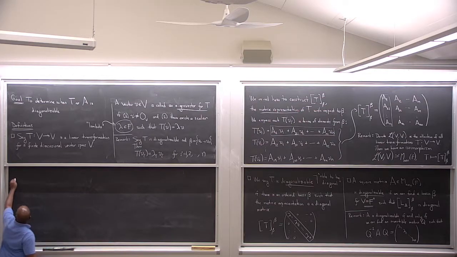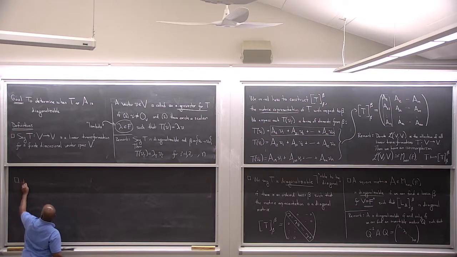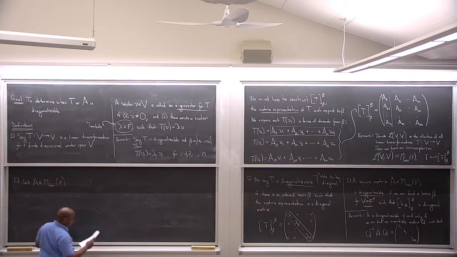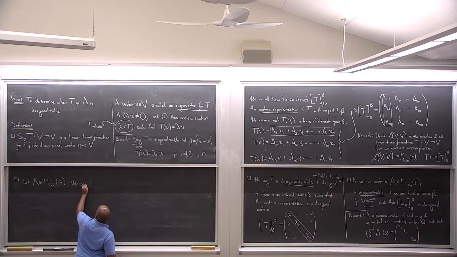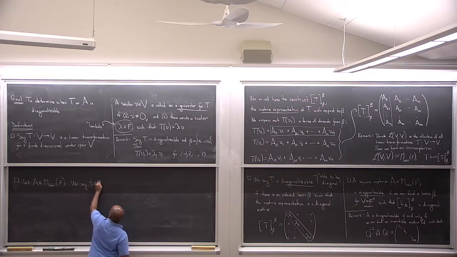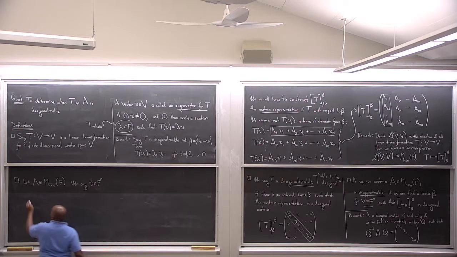So of course we can do the same thing for matrices. So let's let A be an n by n matrix. Then we'll say that a vector V, in this case in Fn, is an eigenvector for A if two things hold.